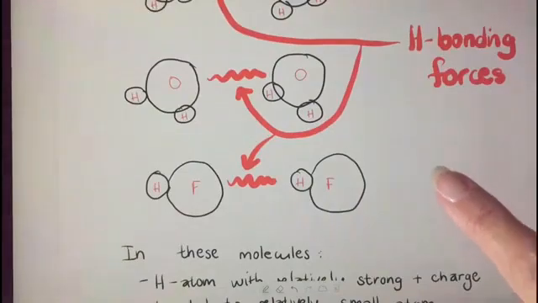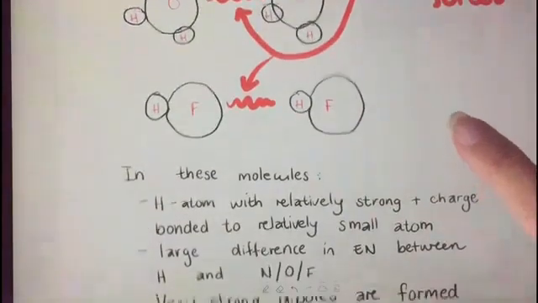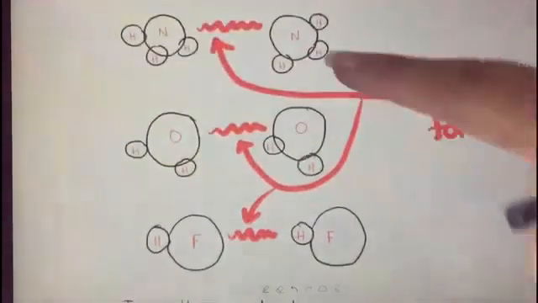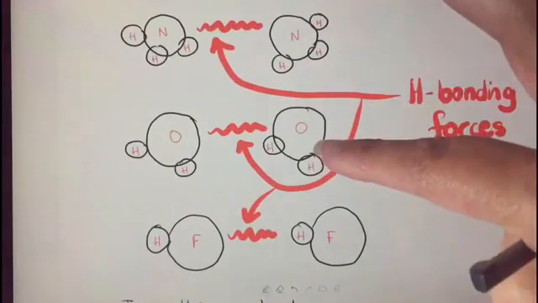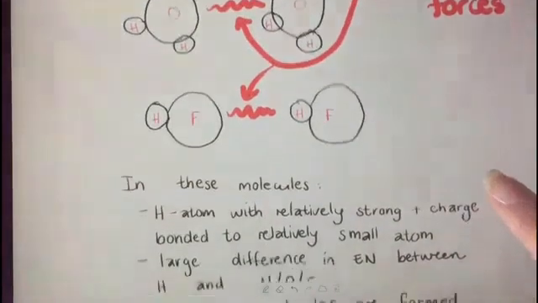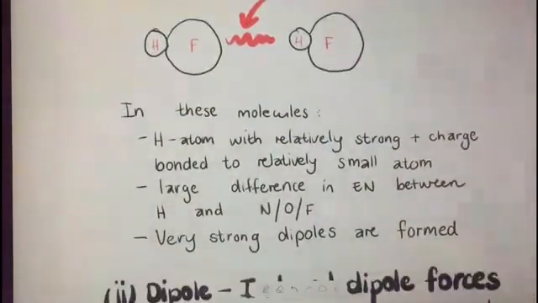And then you might ask yourself the question, why are these special? Why do we find this special type of dipole-dipole force? Because that's a non-polar molecule, that's a non-polar molecule, that as well. Why not just normal dipole-dipole forces? And here is the reason over here. What's special about these molecules, we've got the hydrogen atom, which has a very strong positive charge.